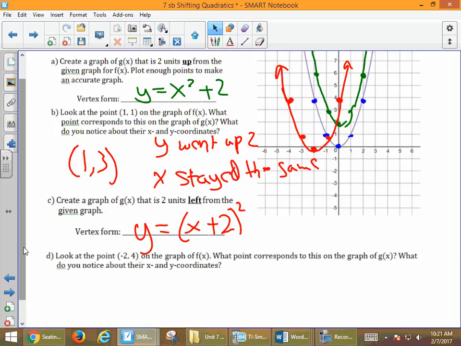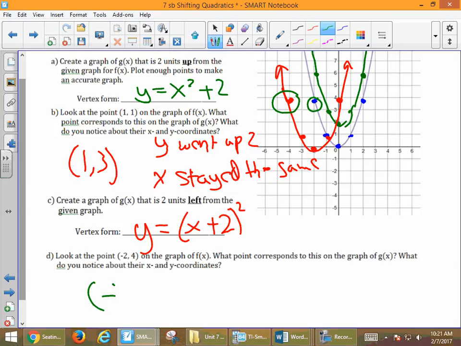And so we can look at the point negative 2, 4 from our original graph. And we can look at the one that's shifted to the left of it, 2, which is our corresponding point. So the coordinates for this point is negative 4, 4, if we look on our axes.